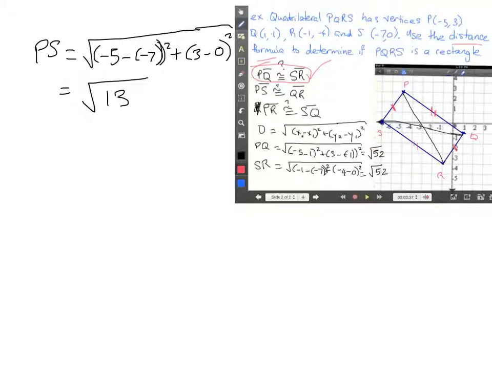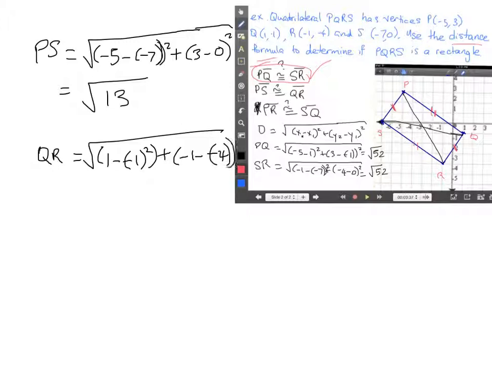All right, now we can go ahead and test to see if QR is equal to the same thing. So QR is equal to the square root of 1 minus -1 squared plus -1 minus -4 squared.